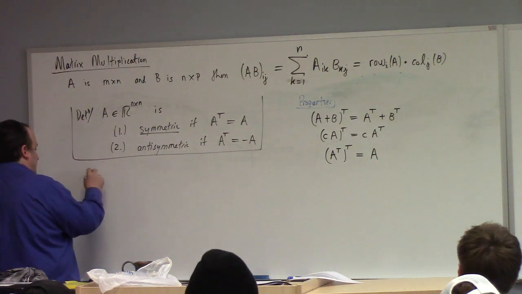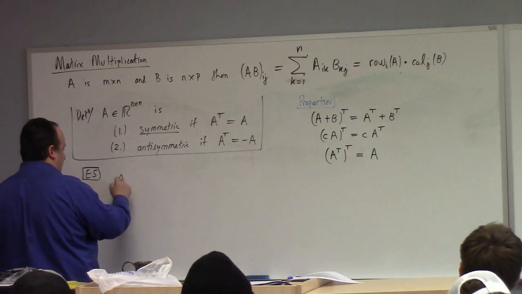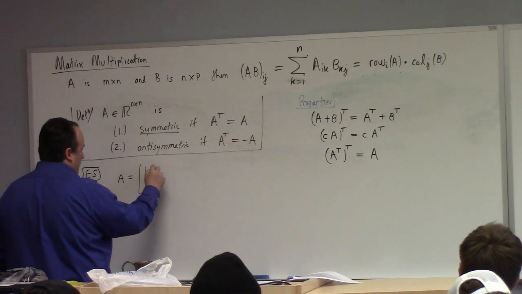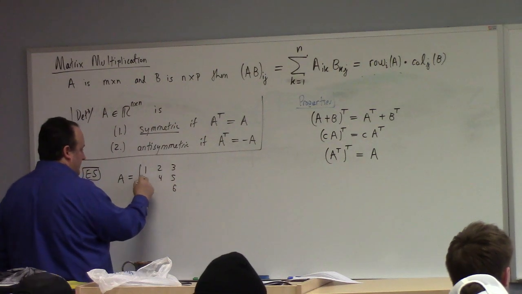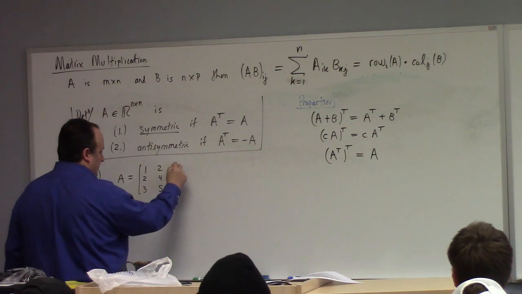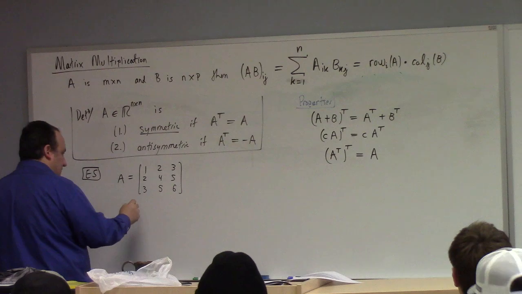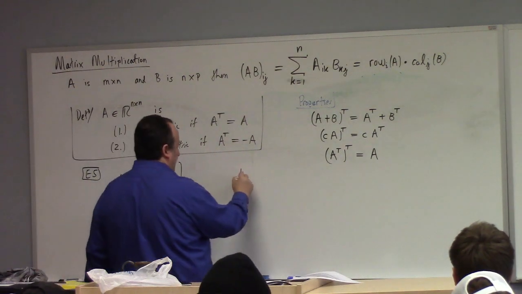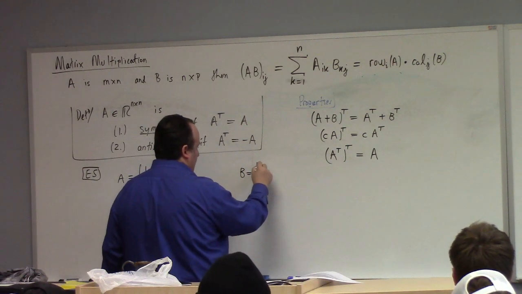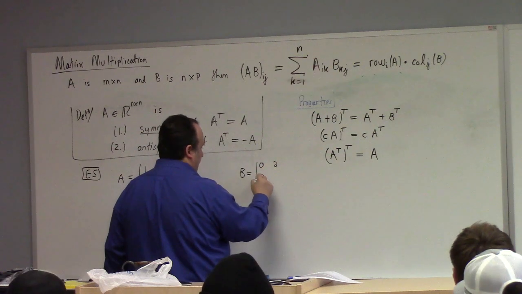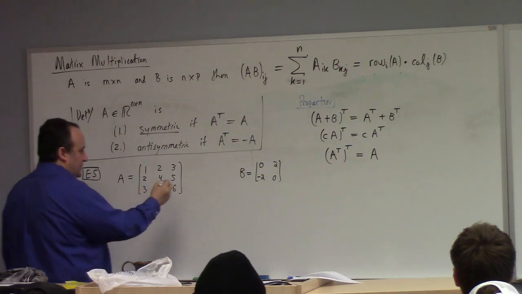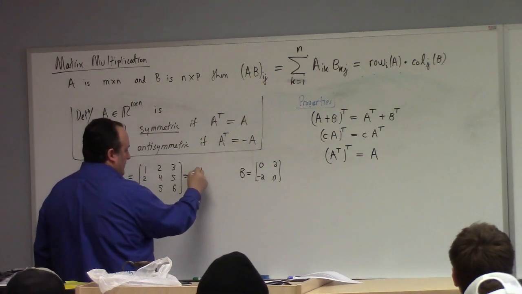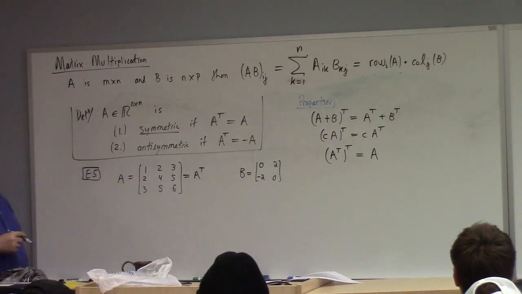You guys tell me, if I have A equal to 1, 2, 3, 4, 5, 6, and then I put a 2, 3 here and a 5 here, what can you say about this matrix? Versus B is, let's say, 0, 2, minus 2, 0. So A is equal to A transpose, right?